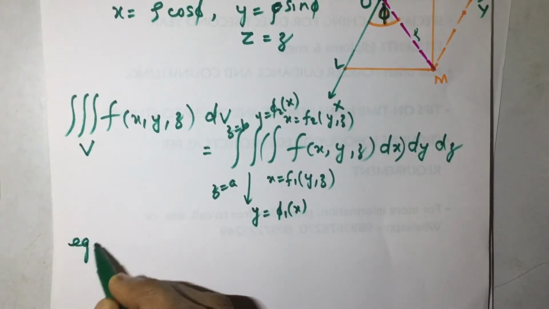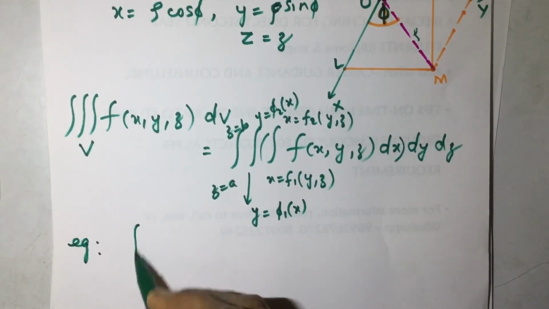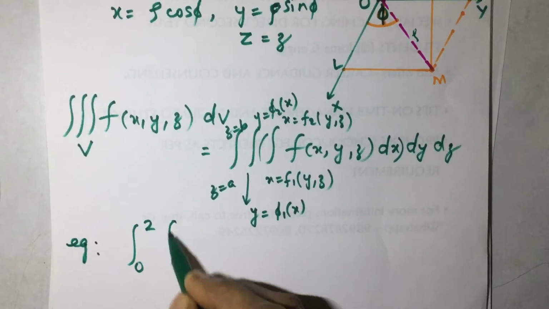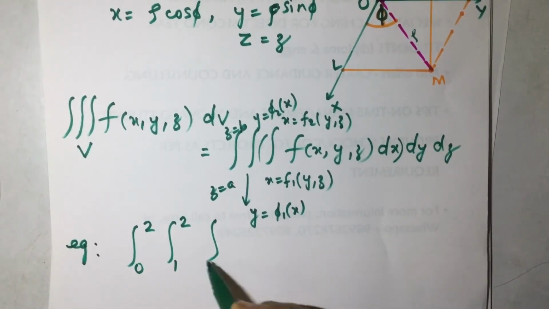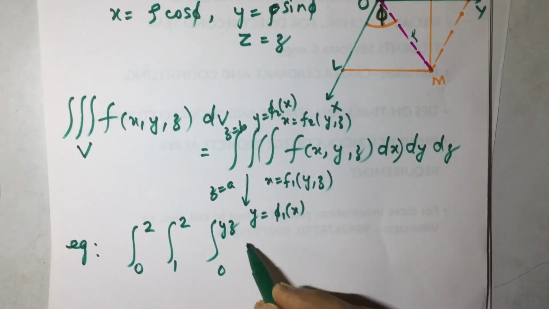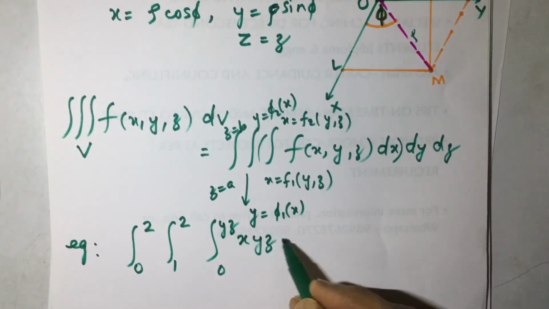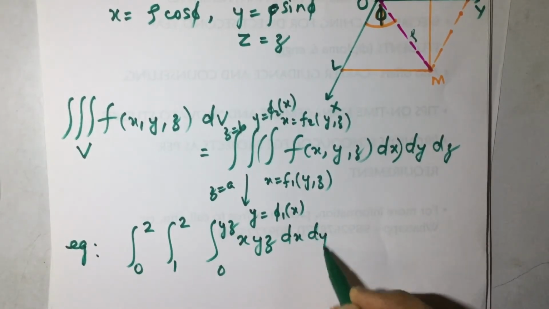Say, for example, I am integrating from 0 to 2, 1 to 2, 0 to yz, of xyz dx dy dz.